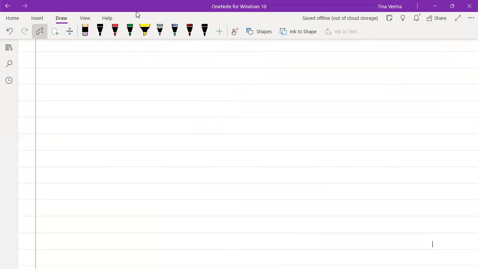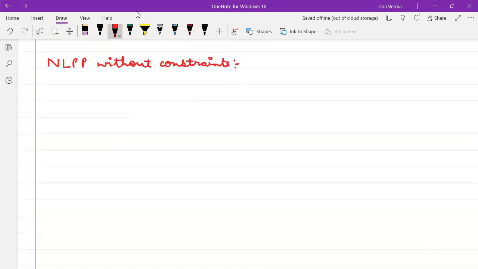So, firstly, we will discuss NLPP without constraints. If it is without constraints, that means we only have a function f of x that we have to either maximize or minimize.